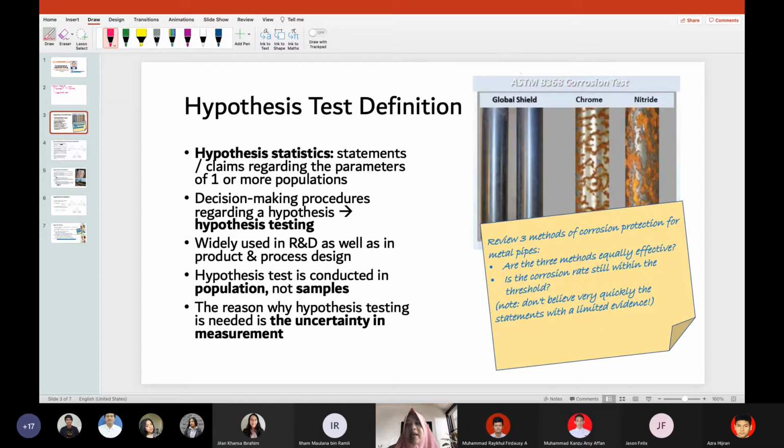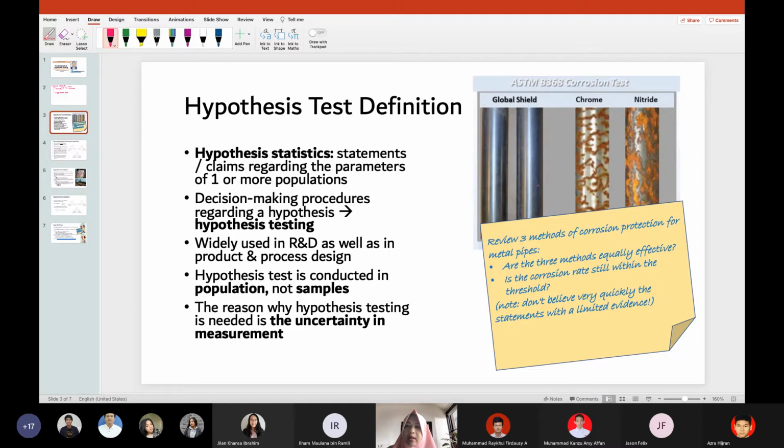ASTM with the code B368 is a corrosion test. So if we do the corrosion test complying with this ASTM, it can be recognized internationally. So for example, we have this, which is called stainless steel.